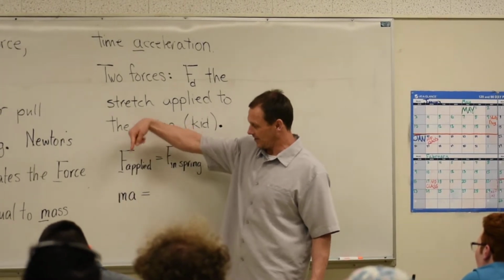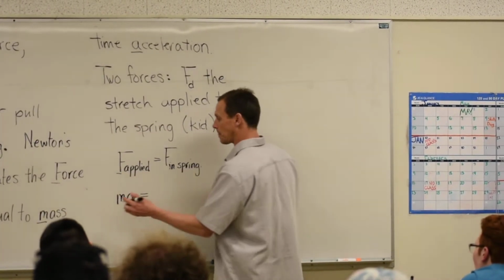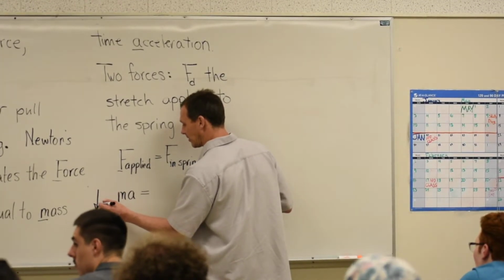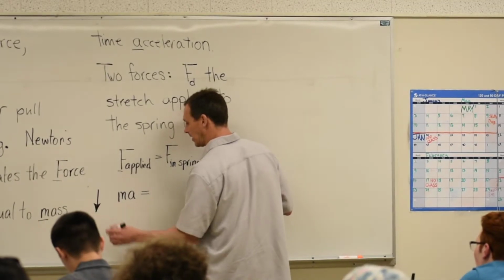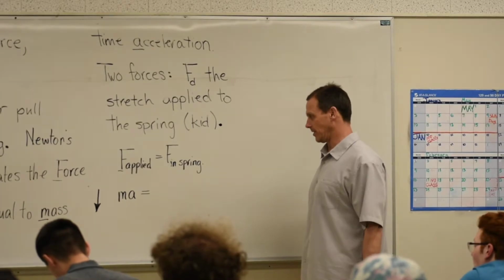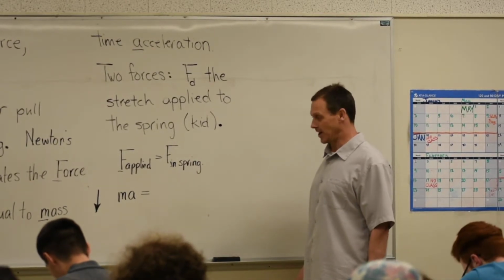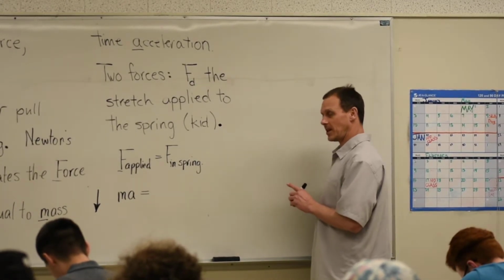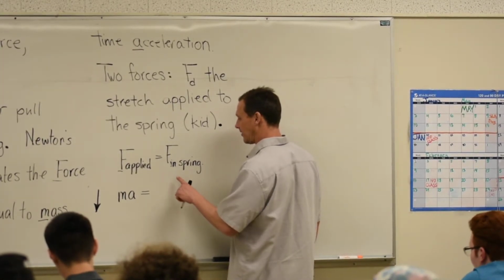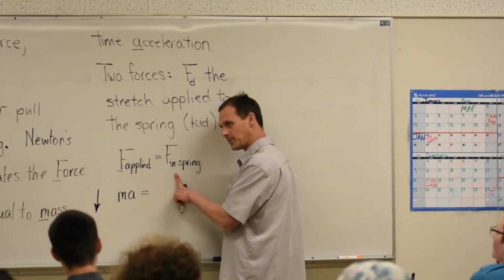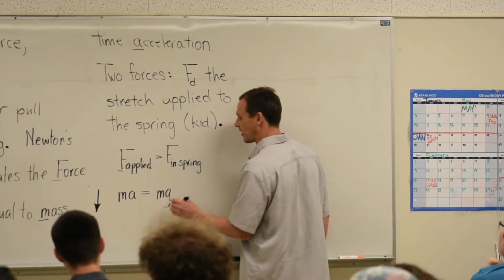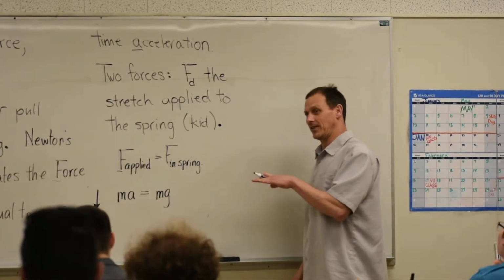This force here is in the downward direction. And remember, acceleration does indicate direction, changes in direction, changes in velocity. So that's in the downward direction. So let's come over here. Now, when I talk about this, do I have any downward force? I do. I have the mass times the acceleration of gravity. That's what brought it down to y0.